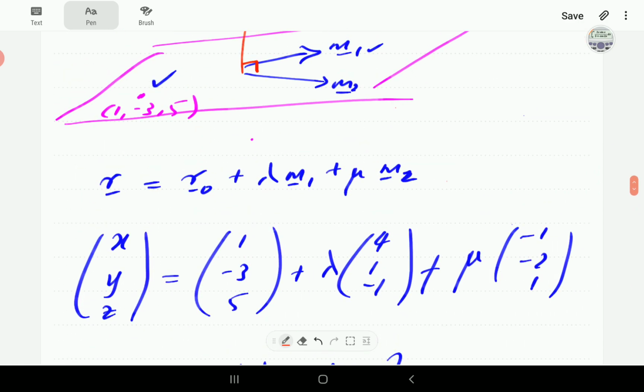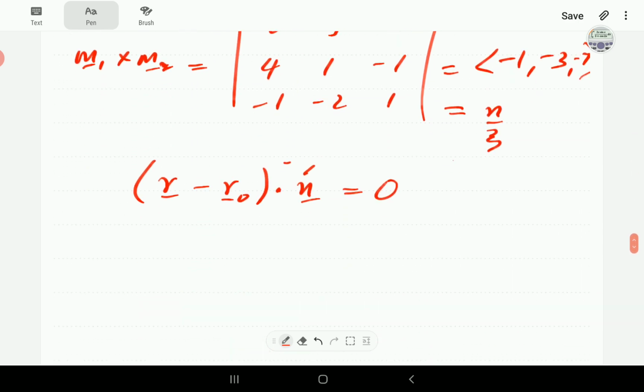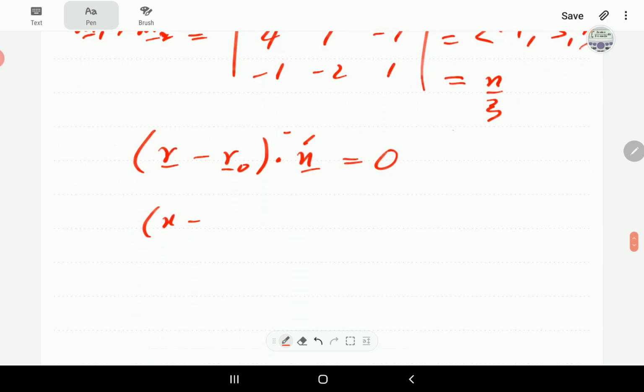So r naught has coordinates 1, minus 3, 5. These are x naught, y naught, z naught.